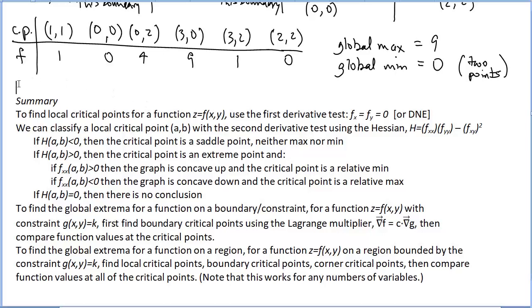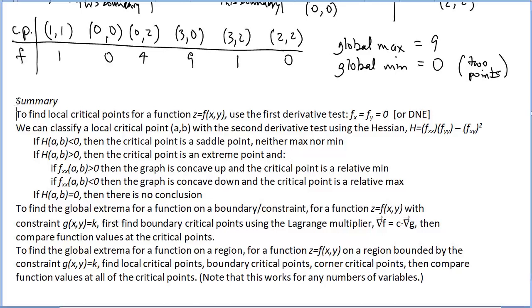But then we need to check what kind of extreme point it is. So if fxx at the point is positive, then the graph is concave up and the critical point is a local min. If fxx at the point is negative, then the graph is concave down and the critical point is a local max. And then if the Hessian is 0, we simply say that there's no conclusion.